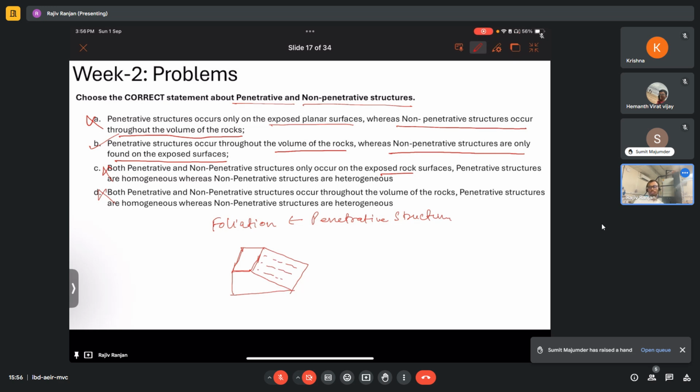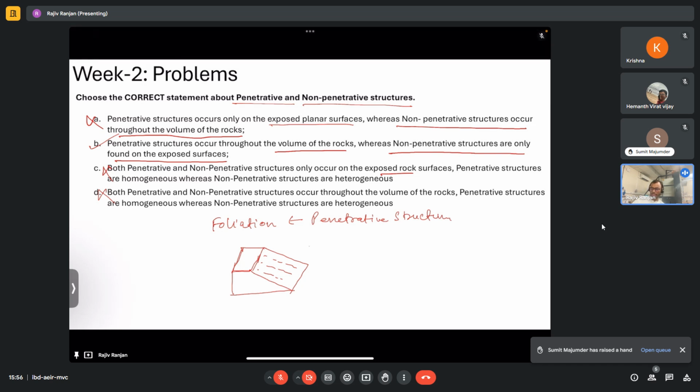So slickenline is an example of non-penetrative structures. That is why option B is correct.